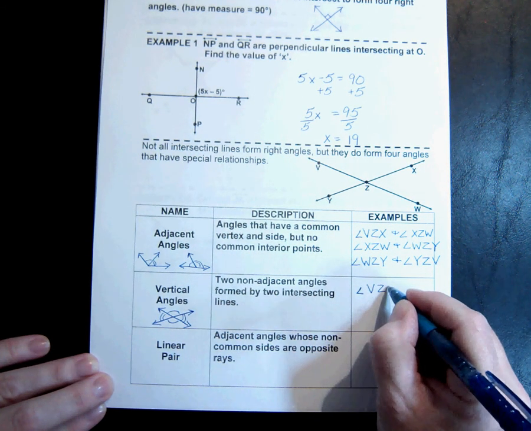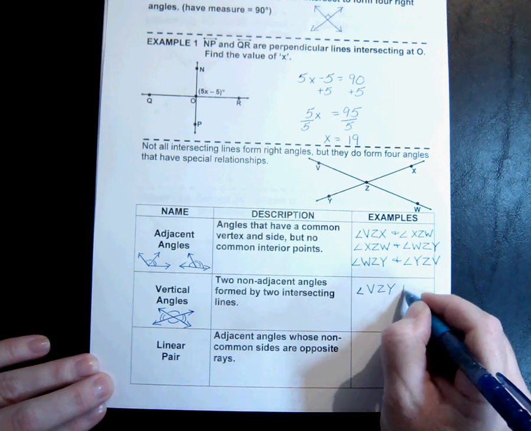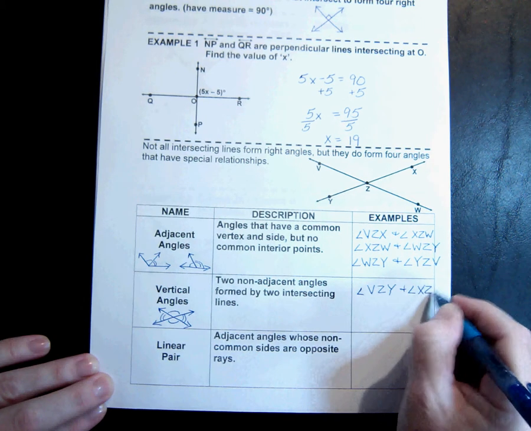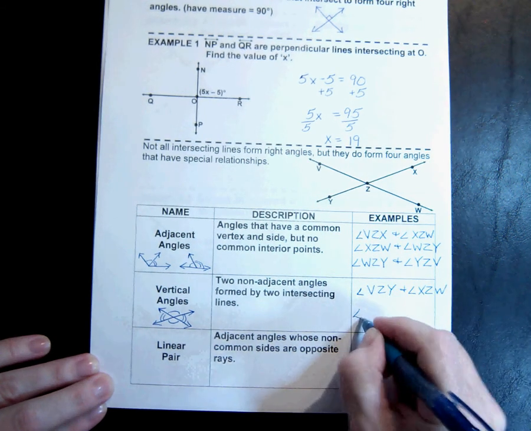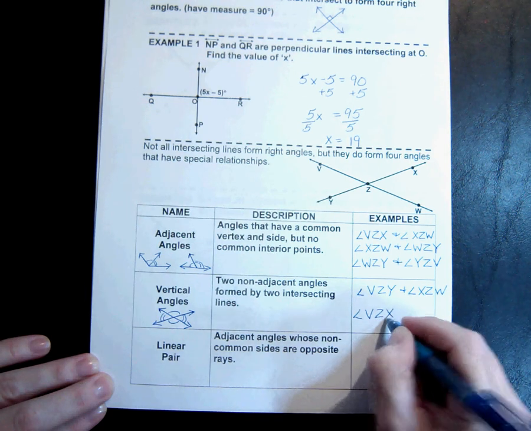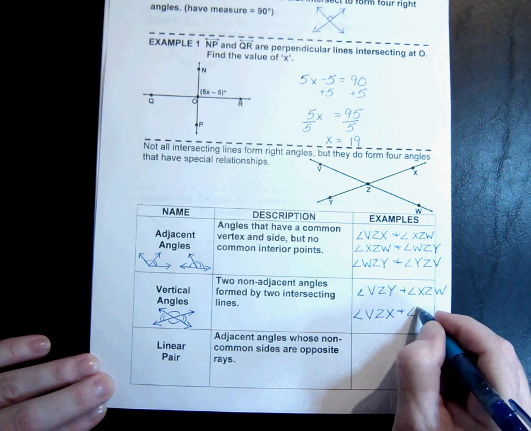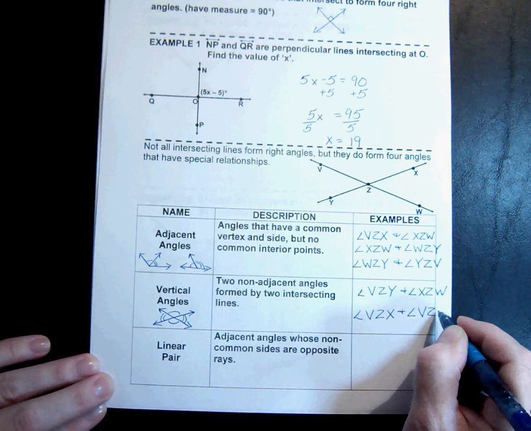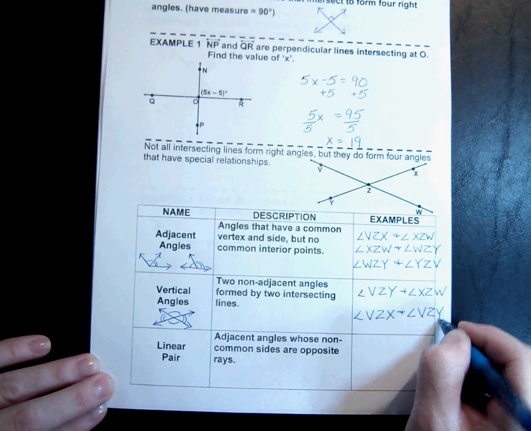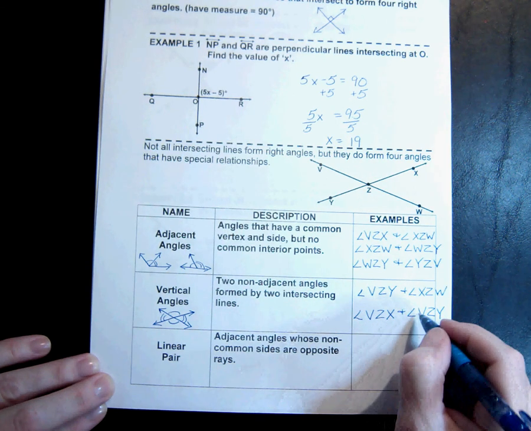Angle VZY and angle XZW, but also angle VZX and angle VZY. Did I do that right? No. VZX and WZY.